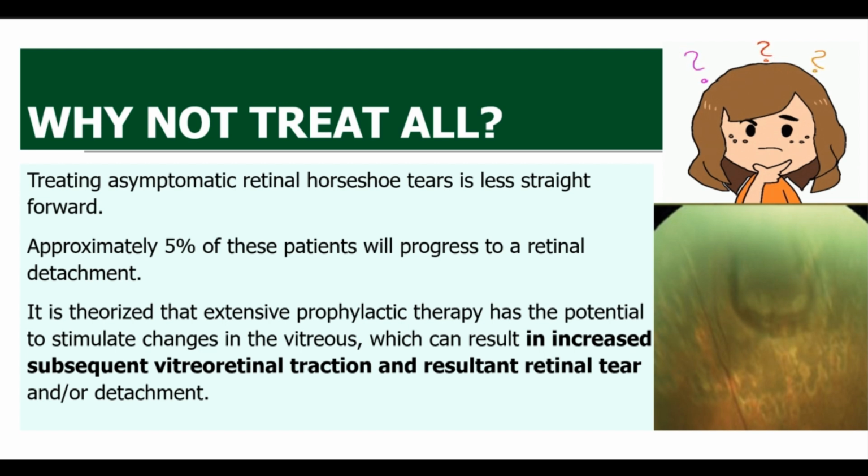So if you treat also, there are chances that you might actually be creating iatrogenic retinal tears, and therefore you really need to weigh whether you need to treat the patient or just observe the patient, right?